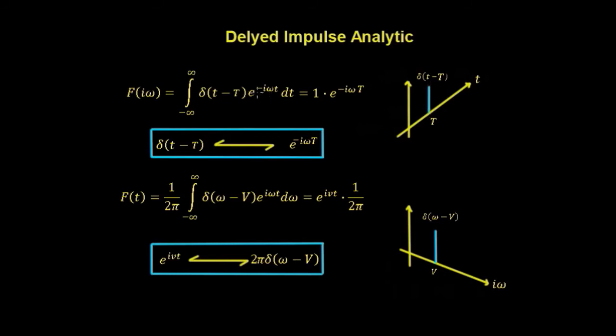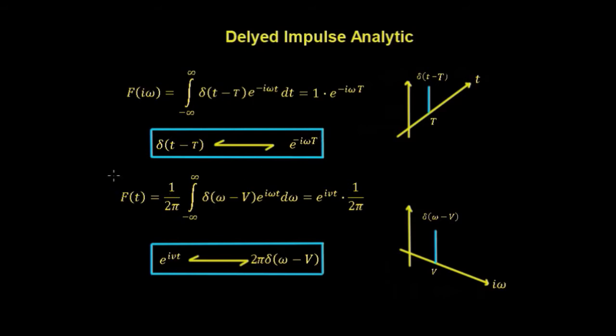But the e to the minus i omega t, in this instance, only exists at a point where t, that is the axis here, is equal to some value T, which is just the delay. So that becomes e to the minus i omega T. So that's just 1 times e to the minus i omega T. That means that whenever we Fourier transform a delayed impulse, we get an exponential function in the frequency domain.